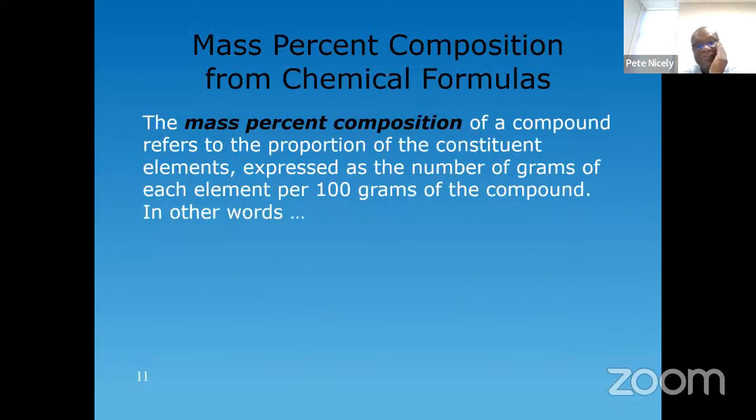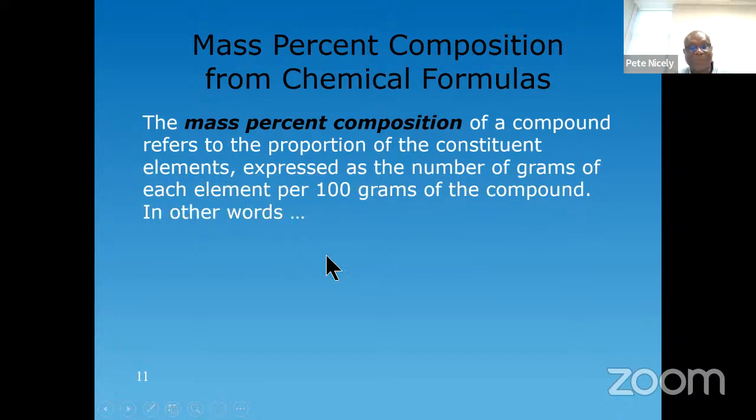All right, so the next thing I want to talk about is this concept of mass percent composition. We can calculate the mass percent composition if we know the chemical formula of the compound. As stated here, it is basically the number of grams of each element per 100 grams of the compound.